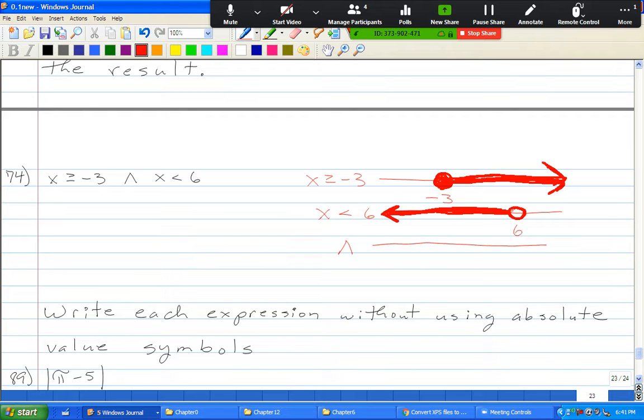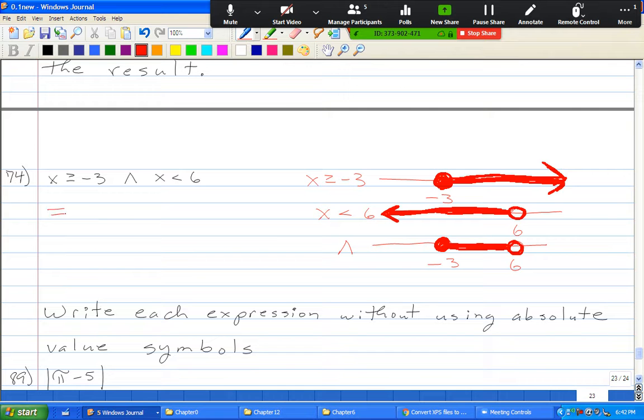So this is going to be the overlap between these. So it's going to include everything between negative 3 and 6. It will include negative 3, but it will not include 6 because 6 is not included. But it will include everything else. So that's the intersection between these two.